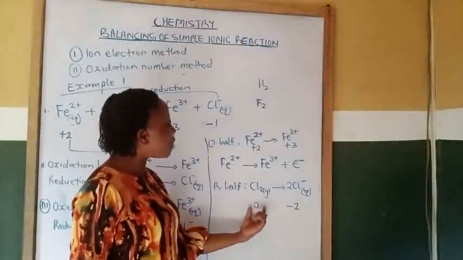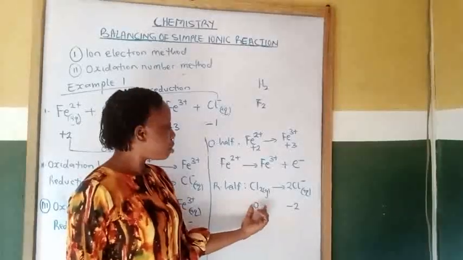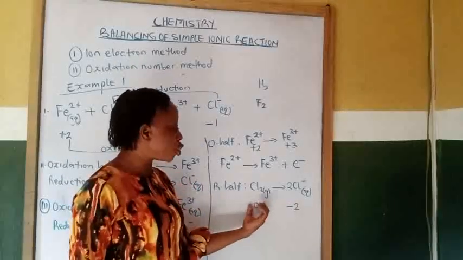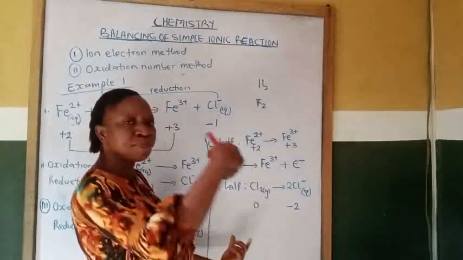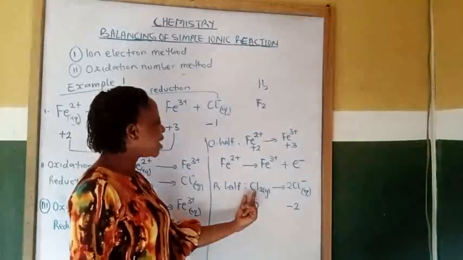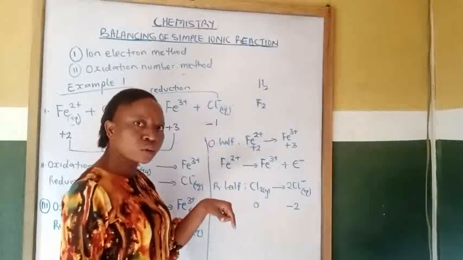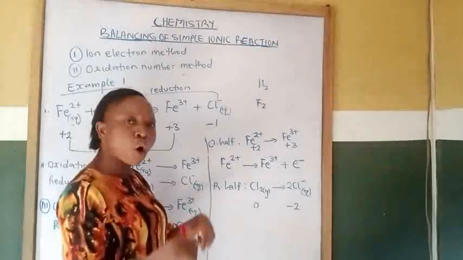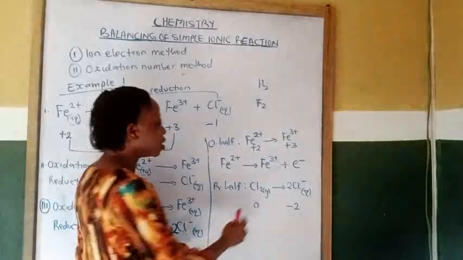It shows that we have more electrons at the reactant side. So electron will be added to the side where you have more electrons, or where you have more oxidation number.